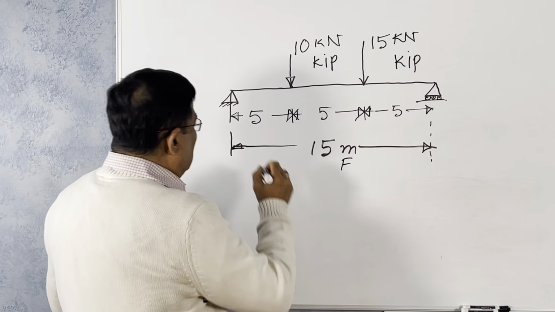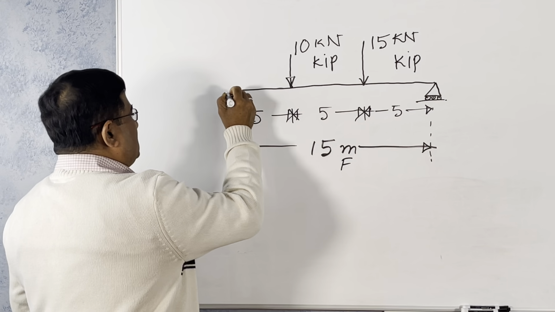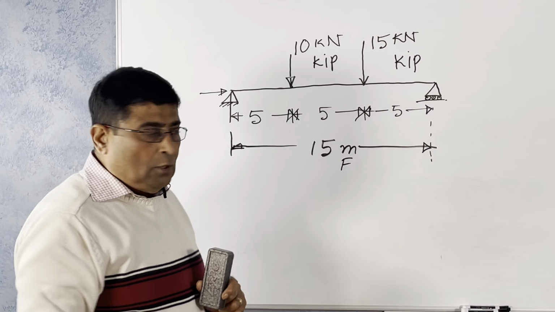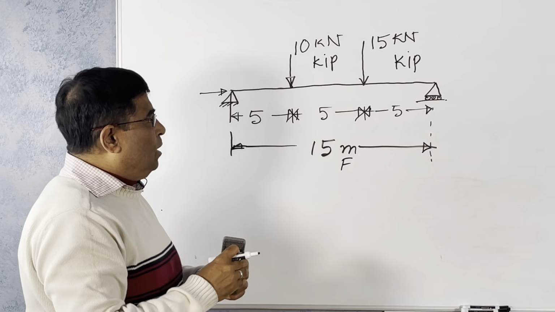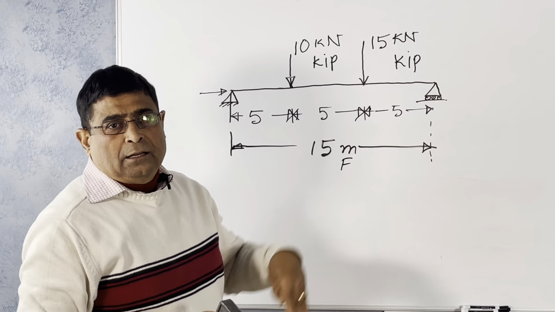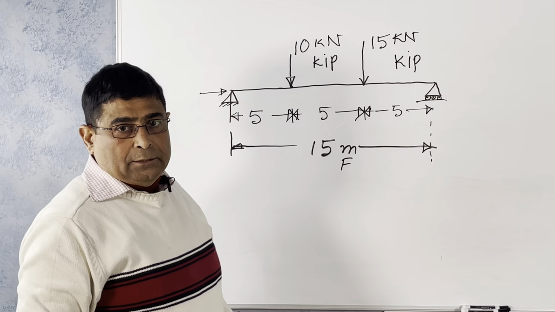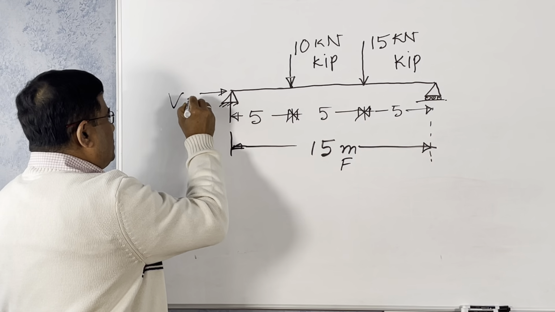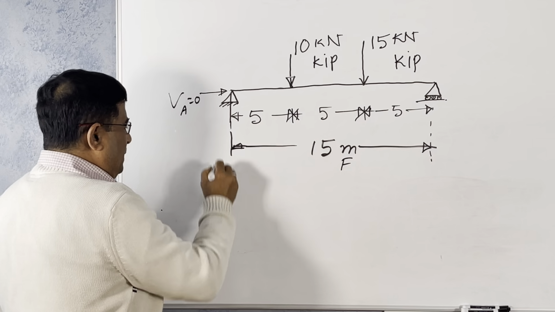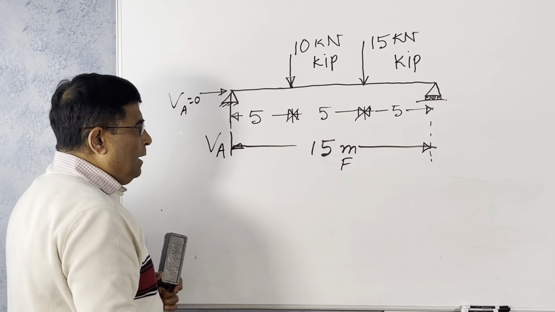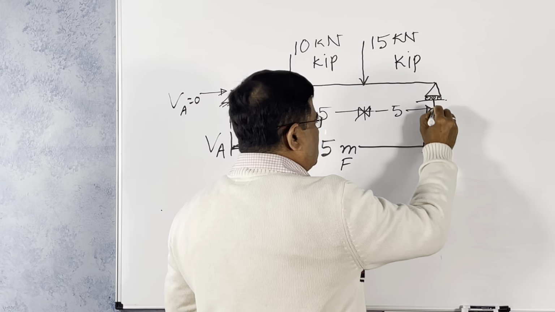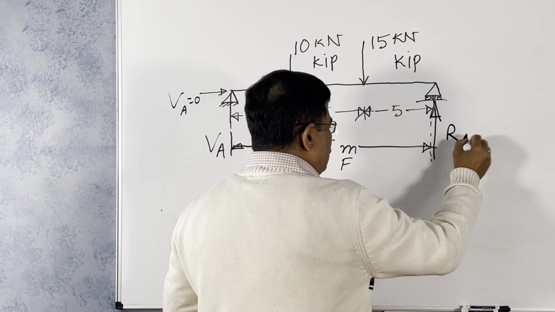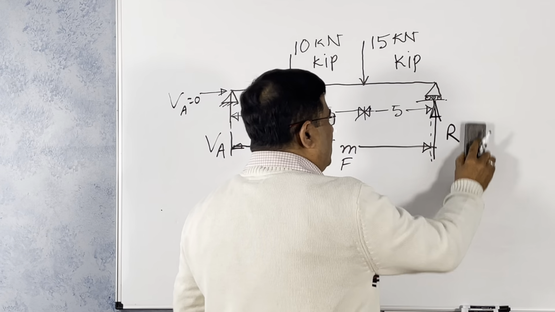We will be doing this. There will be horizontal reactions there also. We can ignore this reaction because all the loads are downward. So HA equals 0, and here is your VA, and this one we straight away consider is RB.